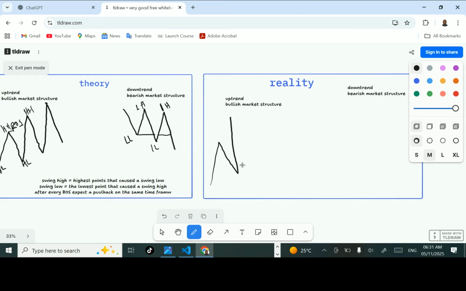But before determining that this is a higher low, we need at least to have a break of structure here, what you call a BOS. After having a break of structure, we confirm that there is momentum. There is buy momentum in the market. We expect a pullback, but this pullback will never come as straight as you think.